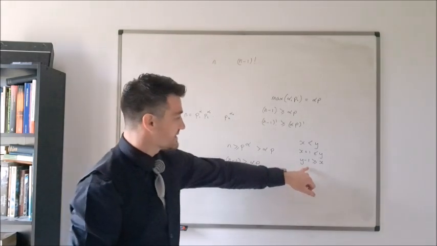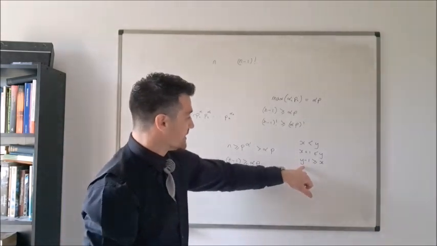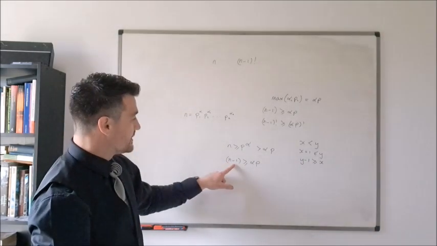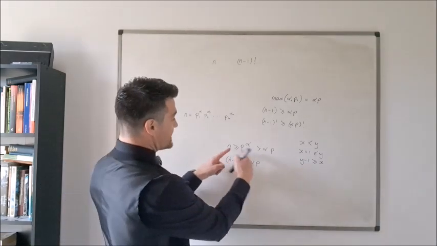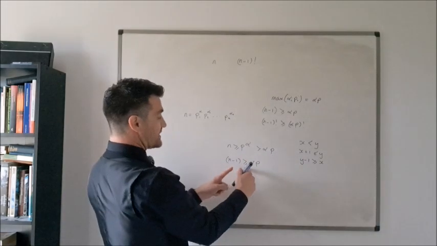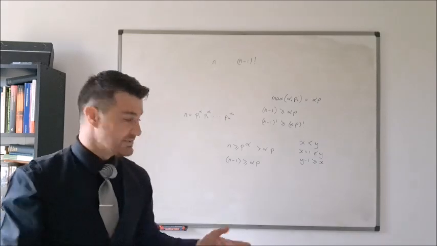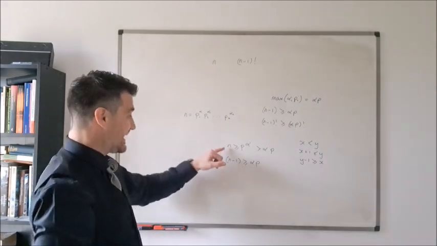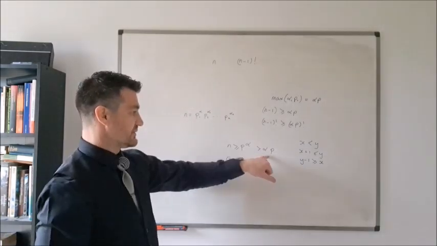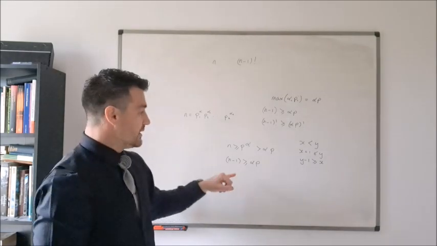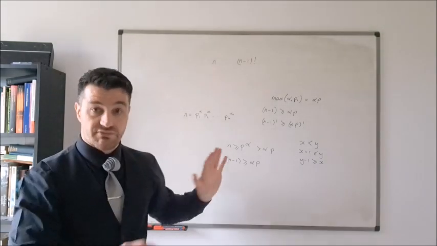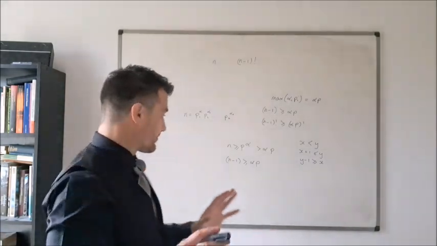I'm using this, effectively, subtracting 1 from n. So we've got n is greater than alpha times p, so n minus 1 is going to be greater than or equal to alpha times p. Generally speaking, n is going to be much larger than alpha times p, but this is sufficient for me to carry my argument through.